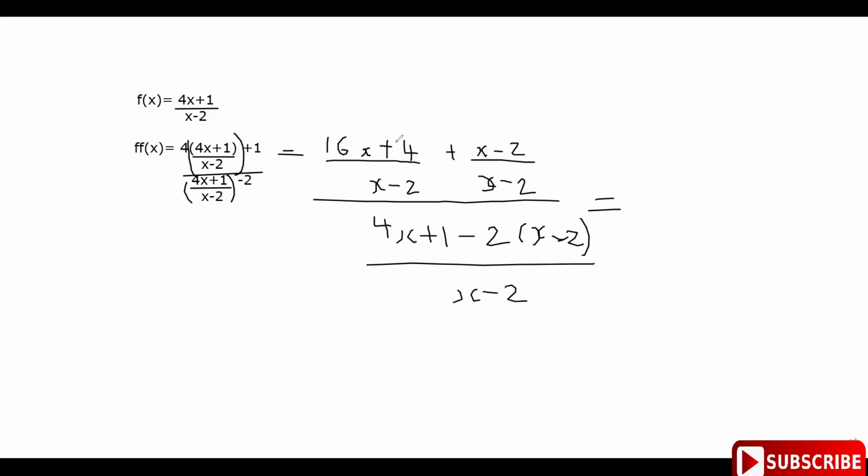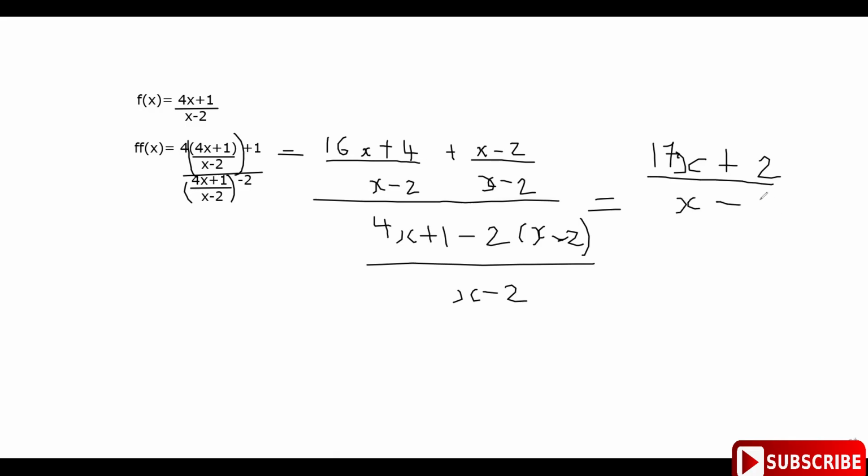Then I just simplify the numerator. So that's going to be 16x plus x is 17x. And then 4 minus 2 is just plus 2. And that is being divided by x minus 2.